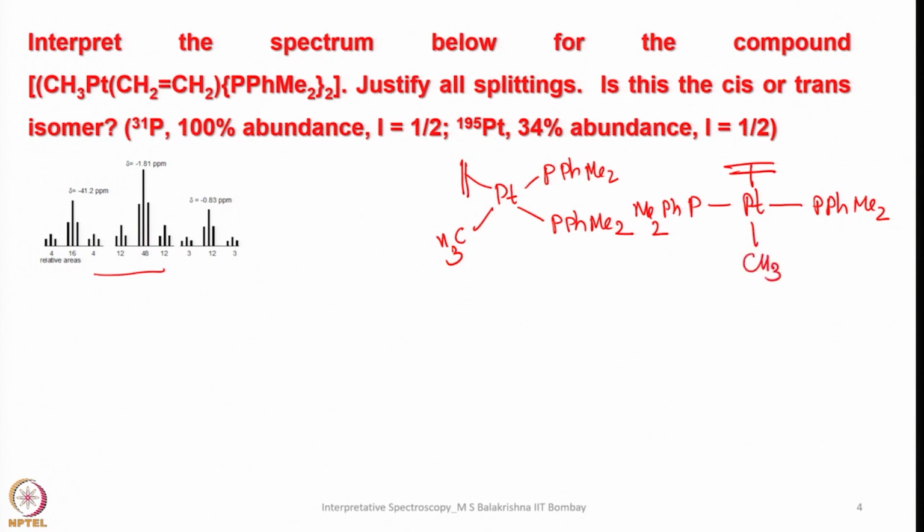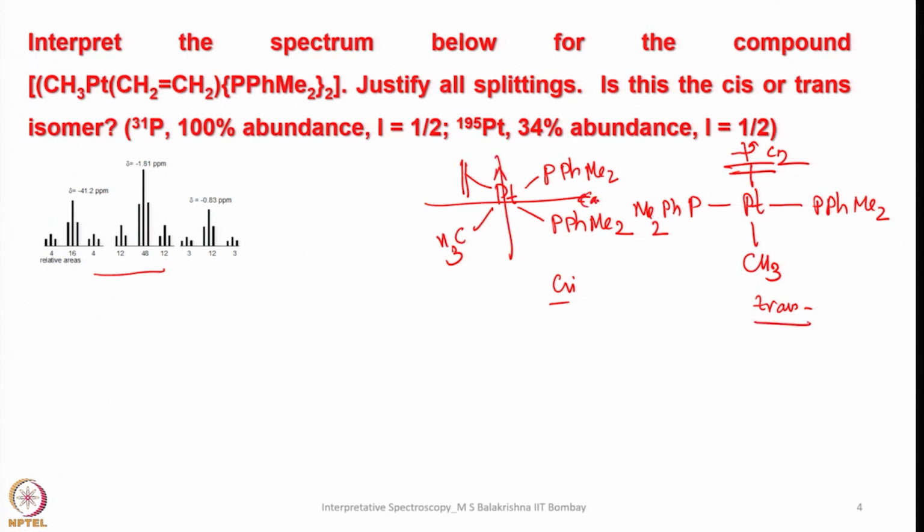These two possibilities are there, and if you consider the trans isomer, both the phosphorus environments are identical because one can perform a C2 axis of rotation in this direction along with the ethylene-platinum-CH3 axis, whereas here I do not think we can perform a C2 rotation in this direction or in this direction to make the two phosphorus moieties equivalent.